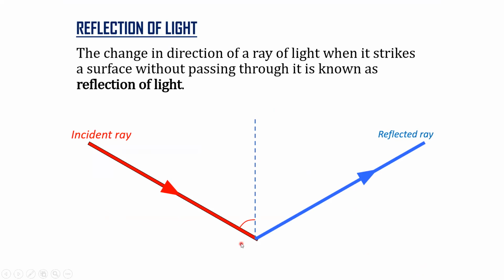The angle of incidence is the angle between the incident ray and the normal. The angle of reflection is the angle between the normal and the reflected ray. According to the law of reflection, these two angles will always be equal. So if the angle of incidence, the angle between the normal and the incident ray, is 30 degrees, then the angle of reflection will also be 30.